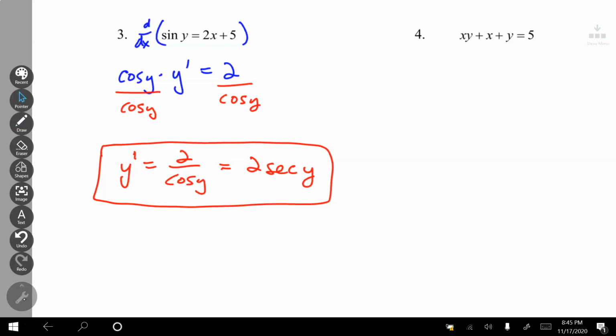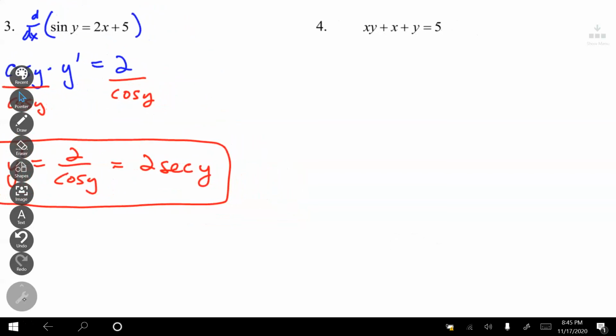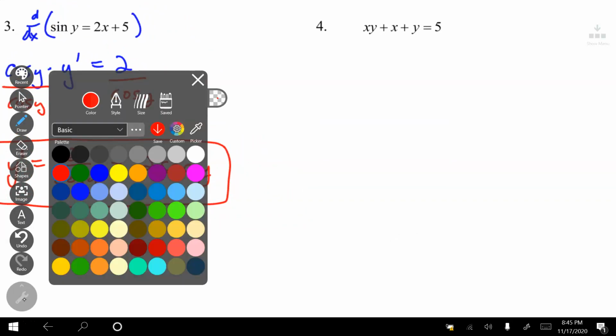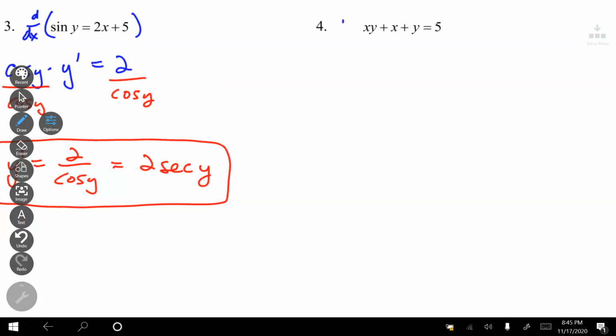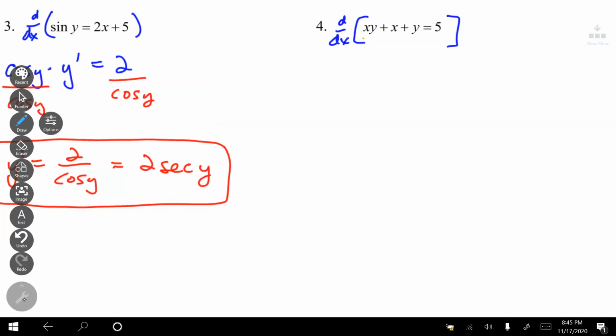Now this next one is going to take a little bit more work. I'm going to move it over here so I have more space. Because when I look at this, and I want to take the d dx of this whole thing, I notice right away I have a product rule. That's an x function times a y function. So I can do my product rule on the side here. Derivative of x is 1. Derivative of y is 1 y prime, or d dx.